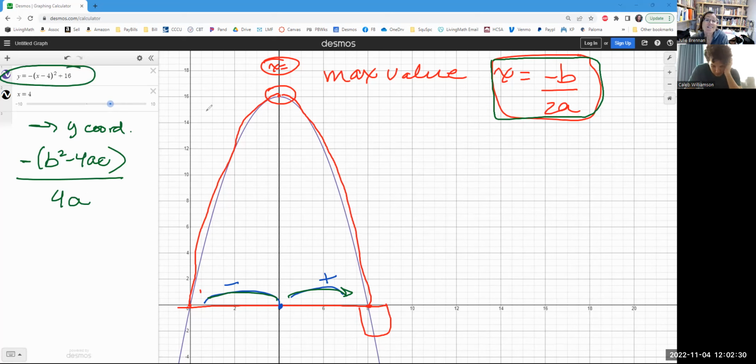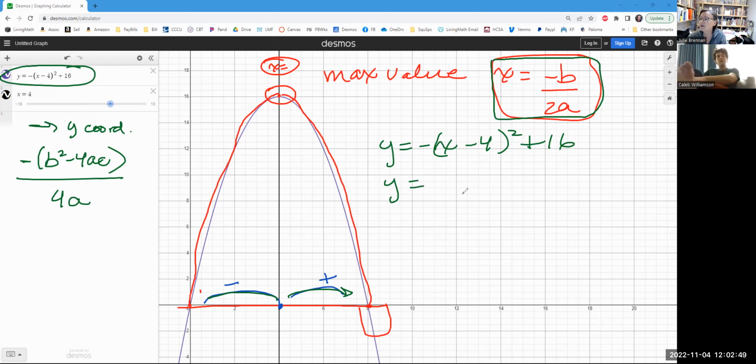Now, this function is not in that form. It's not in the ABC form. I can't call it standard form anymore because now standard form has a different meaning here, but I could take my y equals negative x minus 4, the quantity squared, and rearrange this.